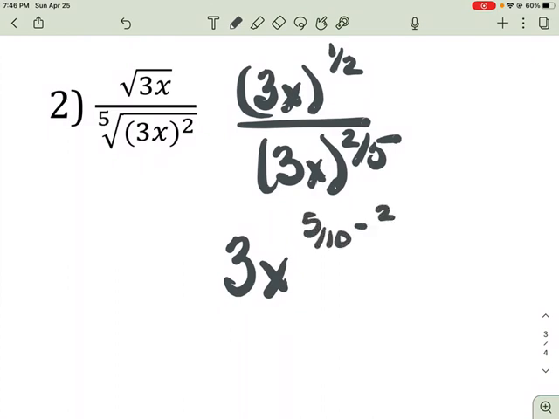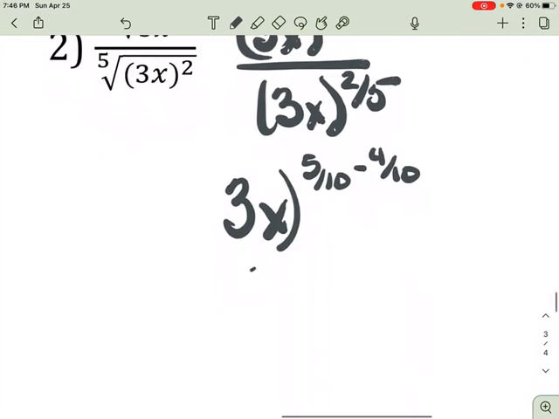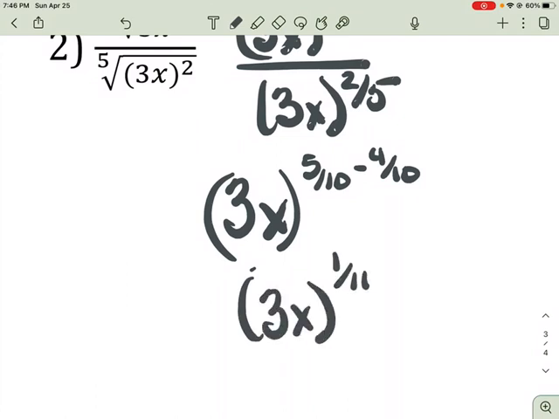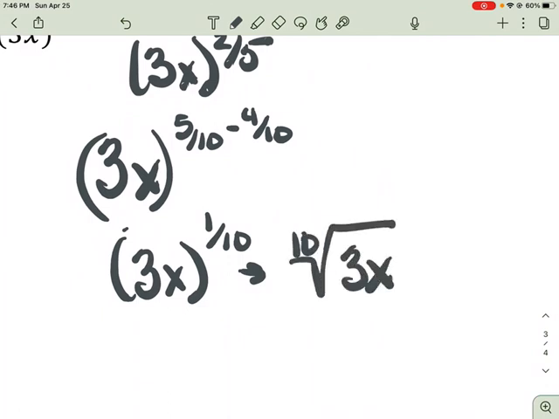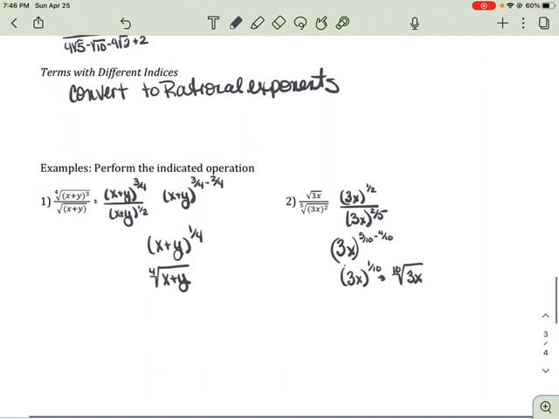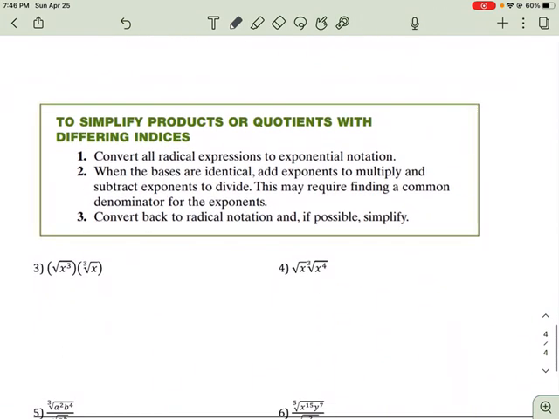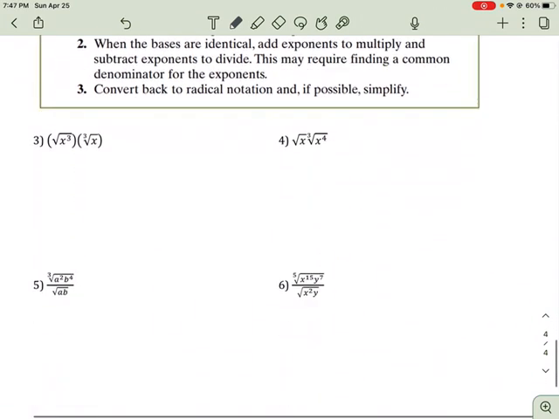So we got 5 over 10 minus 4 over 10. So that's 1 over 10. So, whoop, forgot my parentheses. So 3x to the 1 over 10, which is the 10th root of 3x. Okay? All right. So those kind of are like right here, and there's a variety of problems here.